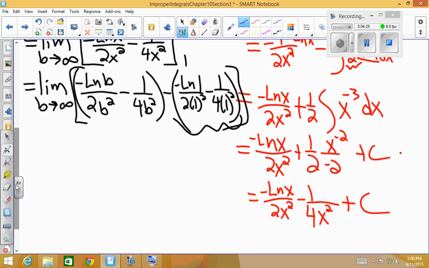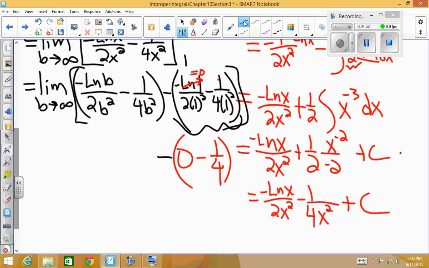So let's evaluate that really quickly. The natural log of 1 is 0. 0 divided by 2 is just 0. So there's 0 minus 1 over 4. Okay, so there's what we have for that term.